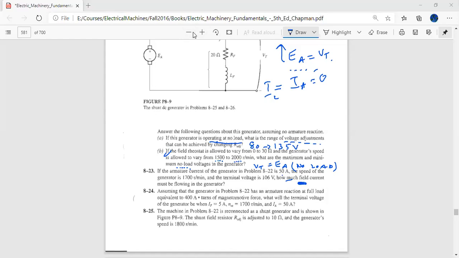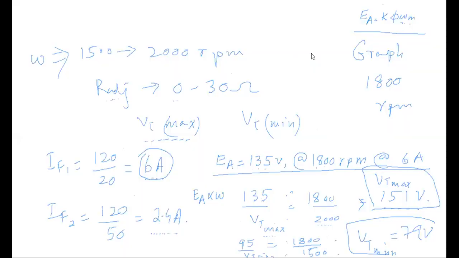Let's go on the whiteboard, clear all the drawings. So this is 823, and now I want to find IF, and the guy has given me some data: loaded condition IA is 50 amperes and RPM is 1700.